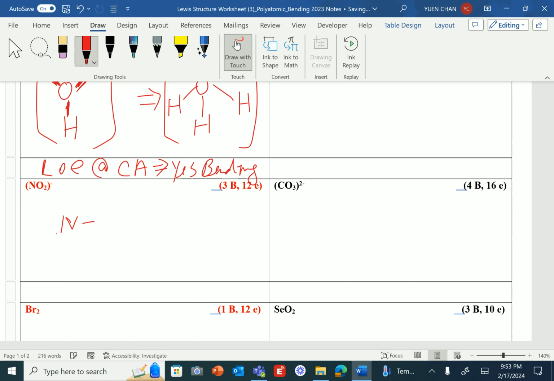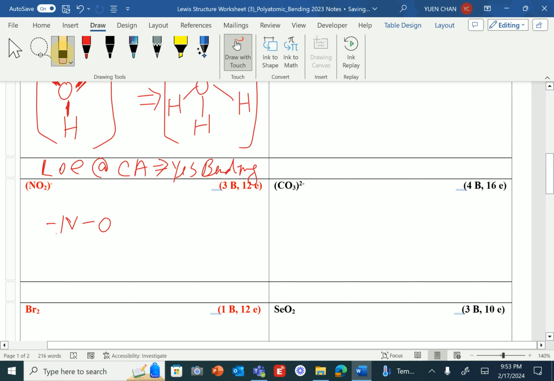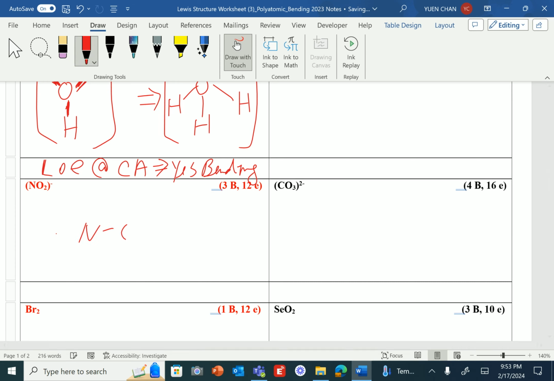So it's O, and then another O here. Maybe I was too close to that shape, so let me erase this. Let me write a little better, like N, O, O like this.